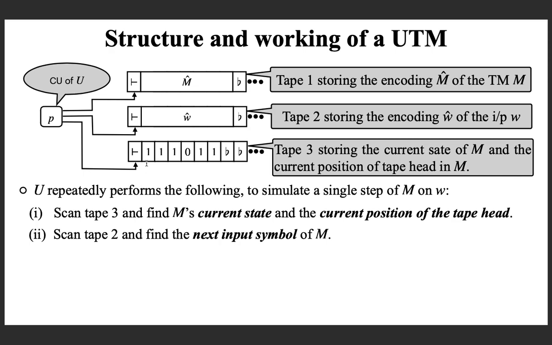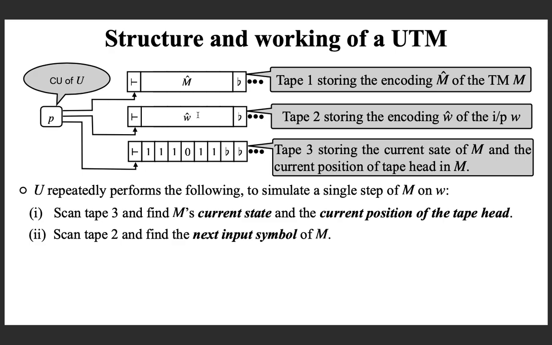Now scan the second tape. From this it knows which symbol this machine is pointing to, and that is, the position of the read write head is known from here. Go to that position and see what input symbol is stored over there.